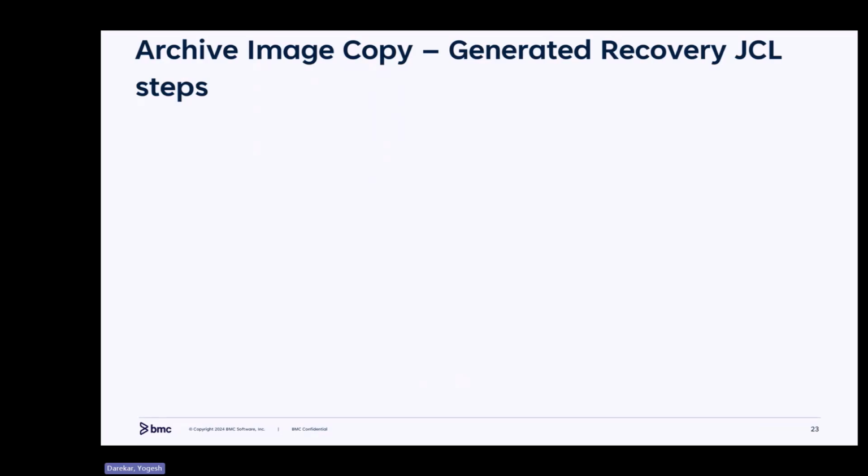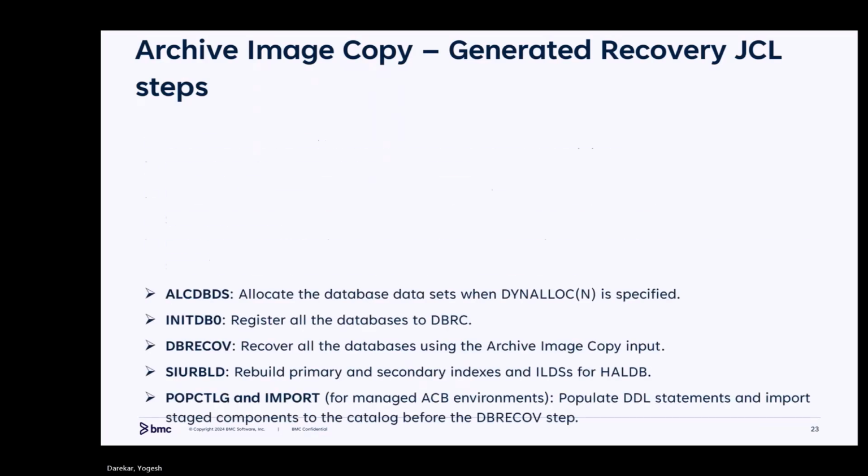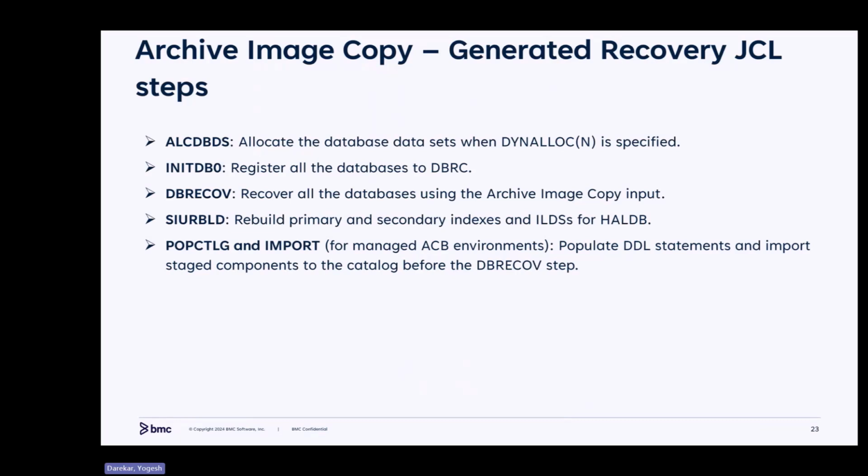So this is about the change JCL step, and this is your generated recovery JCL step. Here we will allocate the database dataset using dynamic allocation. Then these are the steps which are created once your generated recovery JCL is created.